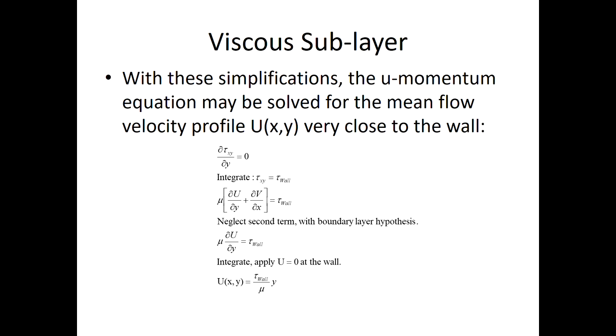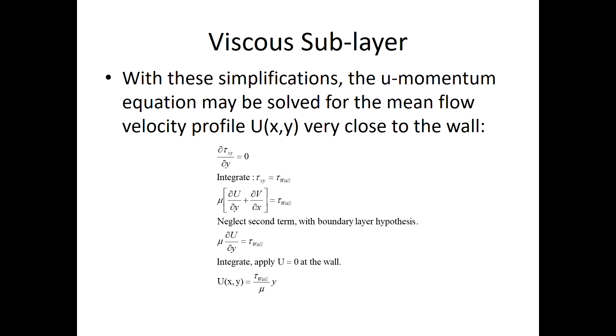Again, using the boundary layer hypothesis, things vary slowly in the x direction, things vary rapidly in the y direction. Therefore, dv/dx is neglected. You may remember from the boundary layer analysis, v is of the order of 1 over square root of Reynolds number. So it's a small quantity, so we neglect this term. So you only get mu du/dy equal to tau xy, tau at the wall.